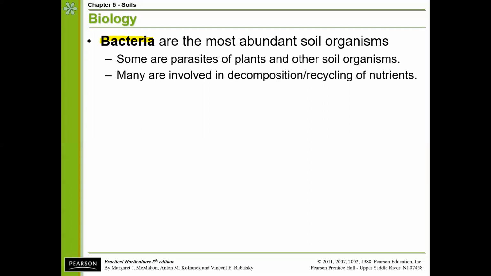Some of them can actually feed on plants, be parasites. Others are feeding on other organisms in the soil, both good and bad. But a lot of them are just involved in the decomposition and recycling of nutrients in the soil. And this is why I think adding organic matter is extremely important, because when you add organic matter, you're providing food for these microorganisms.